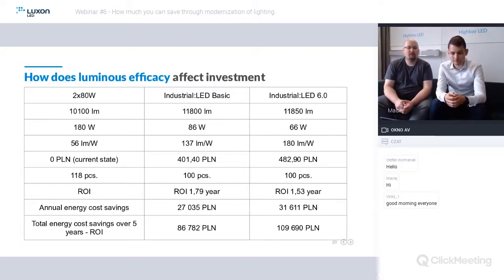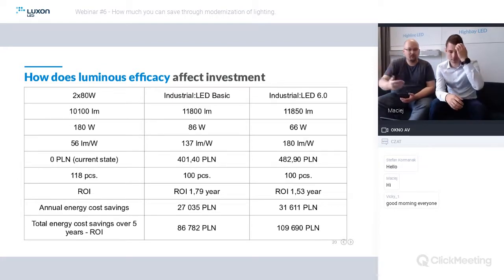And the total energy cost savings over the 5-year period minus the cost of investment, so the cost that you have to wait until you have the ROI finished, is 86,782 PLN. Now, to compare that, this total energy cost savings is the money that stays with you, stays with the company, stays with the customer.